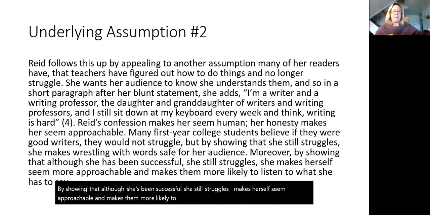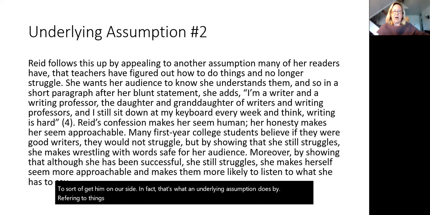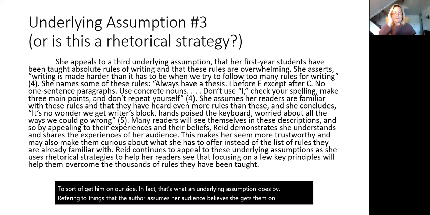So she's assuming they believe this, and she's responding to that to sort of get them on her side. In fact, that's what an underlying assumption does. By referring to things that the author assumes her audience believes, she gets them on her side.